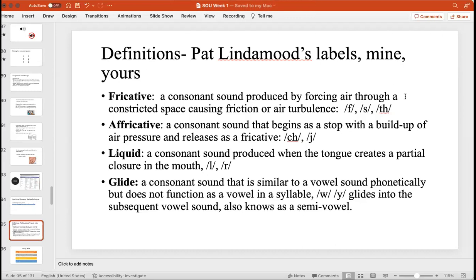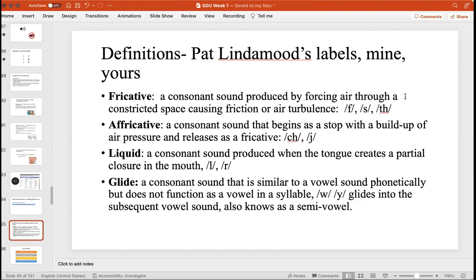Now, a glide is a consonant sound that is somewhat like a vowel, but it doesn't function as a vowel because vowels are very, very different than consonants. So W is a moving sound. They're often called semi-vowels, and Y is acting as a consonant.